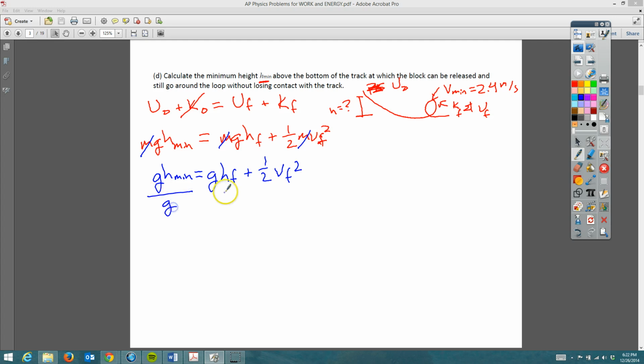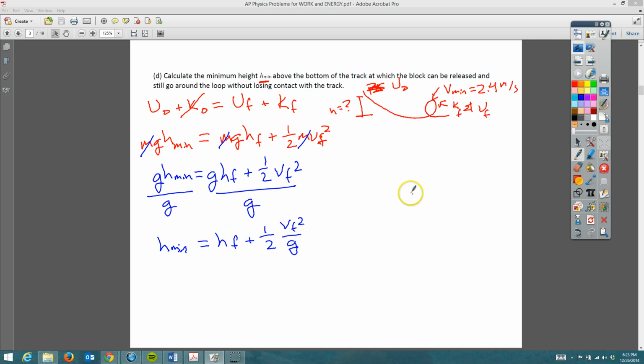If we do that, the minimum height is equal to the final height plus 1/2 of vf squared all over g.